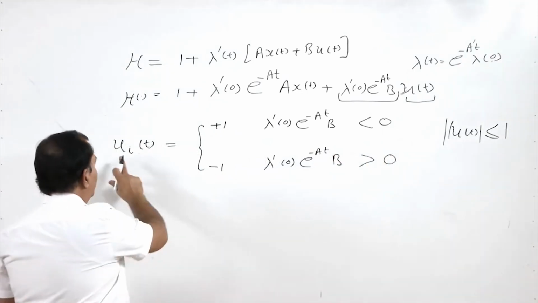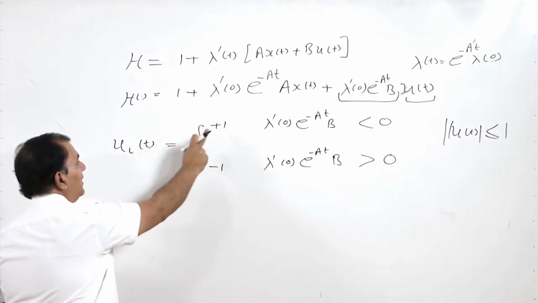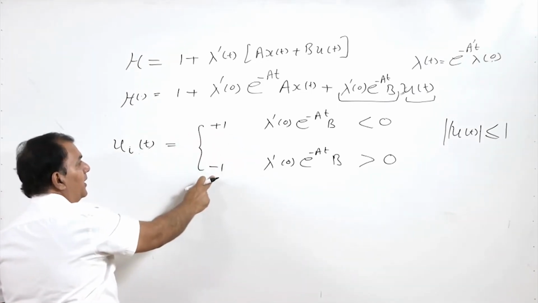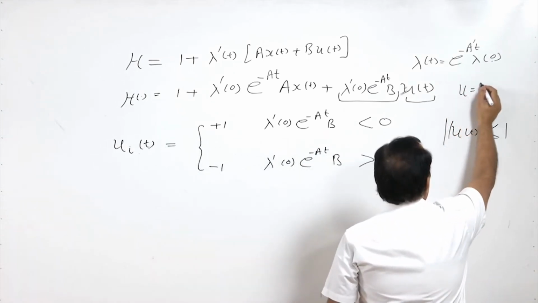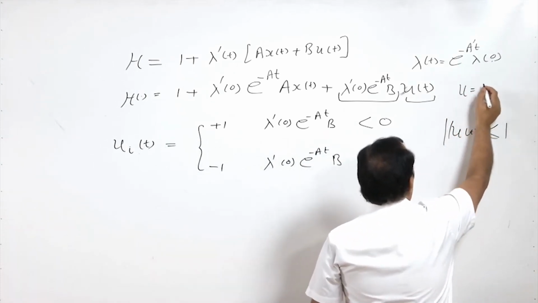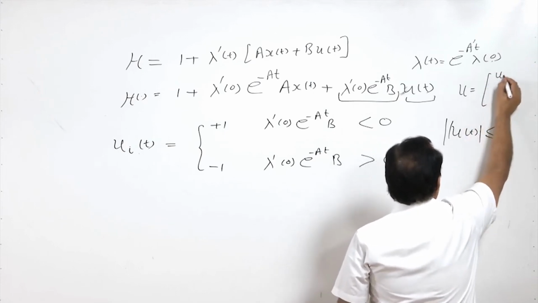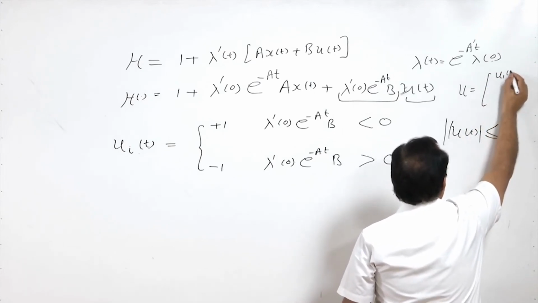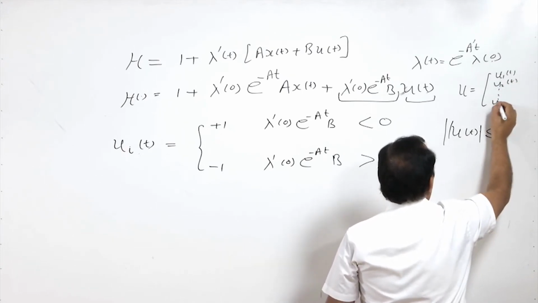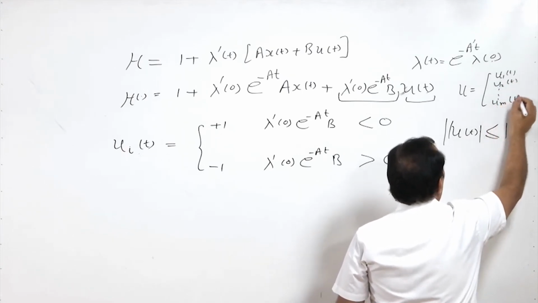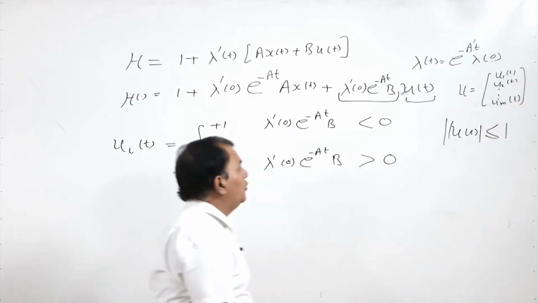So, I can select that particular u to be either positive or negative, because u is a vector of u1, u2 and, let us say, m terms are there, um.